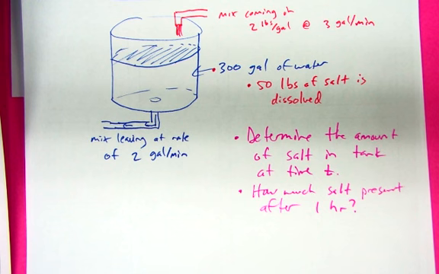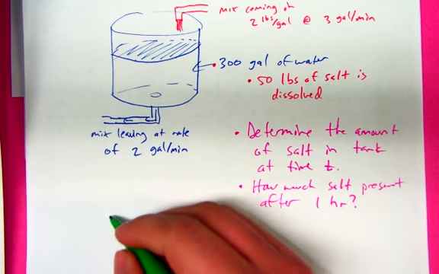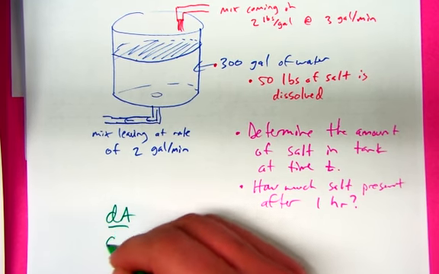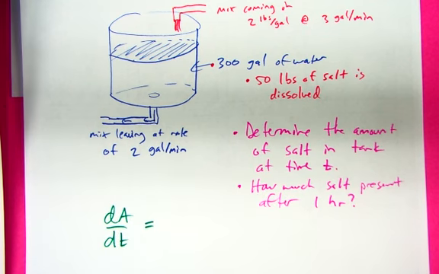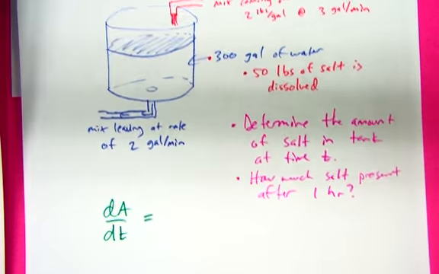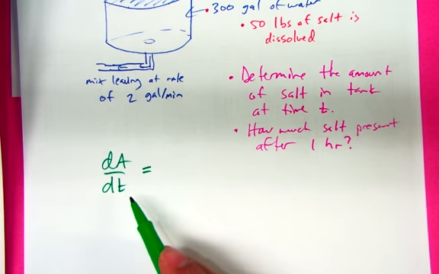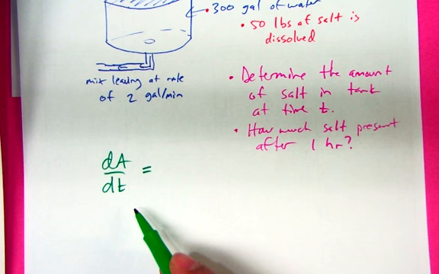Okay. Let's change colors yet again. Let's start with a basic equation, dA/dt. So for me, A is going to be the amount of salt. So this represents the net rate of change for the salt in the tank, yes?